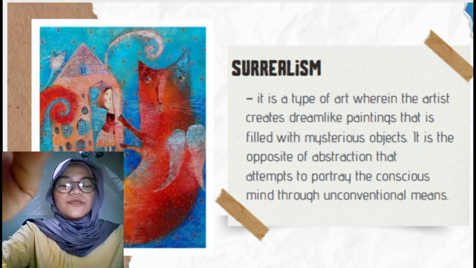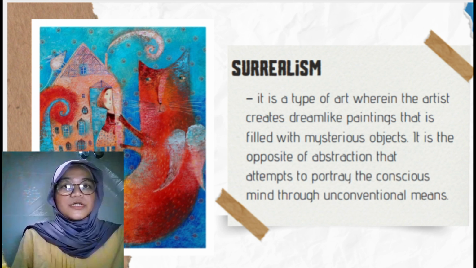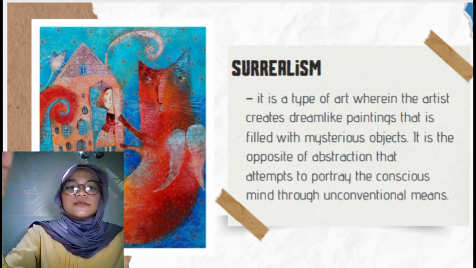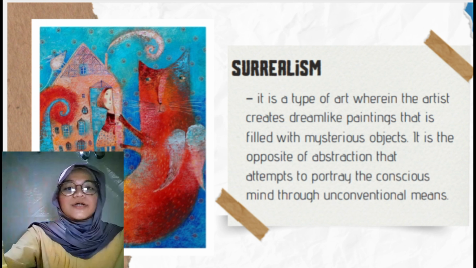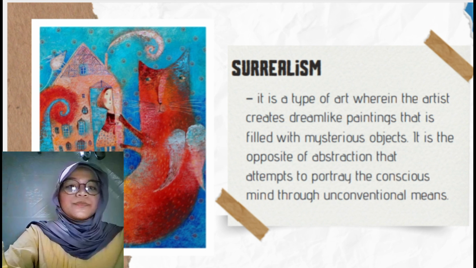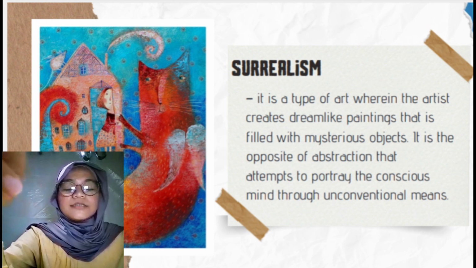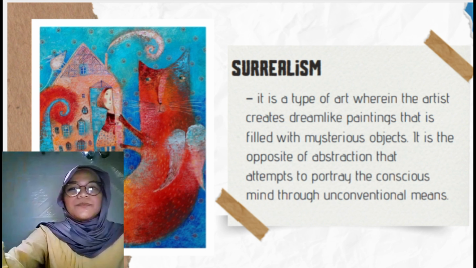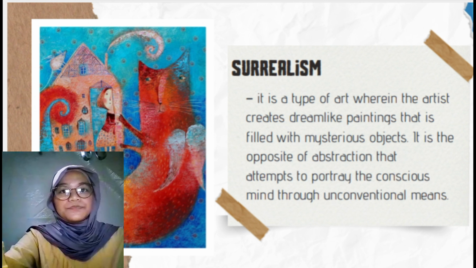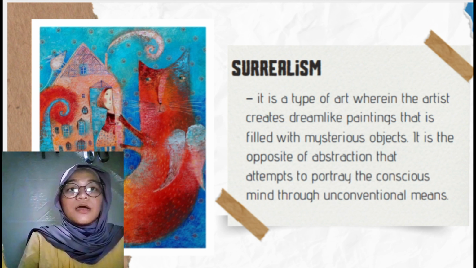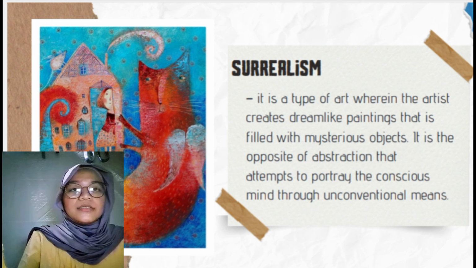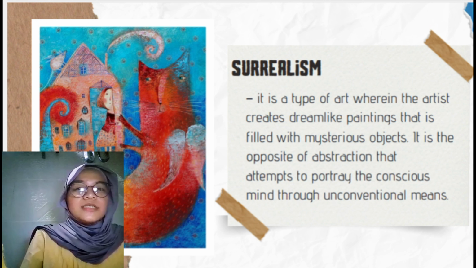And one of the famous examples of surrealism is in the picture. What we can see is a girl hiding in their home and a big, huge cat. Particularly, surrealism is an art that tries to show what the mind dreams or imagines, especially the unconscious mind.